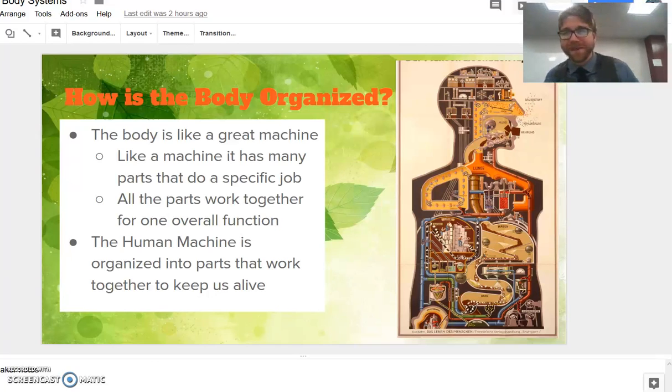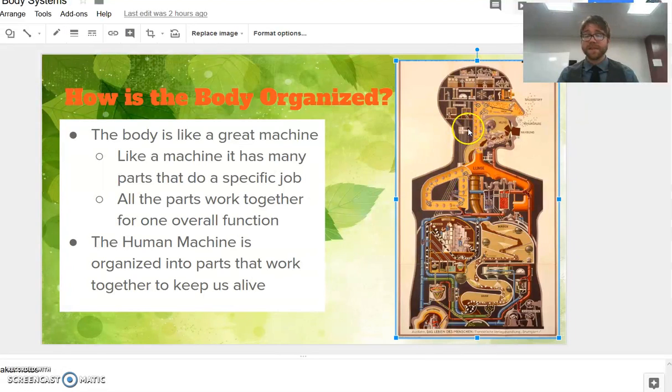Hey, everybody. All right, so let's talk about some levels of organization when it comes to biology. Looking at this slide right here, something we've talked about before in class is that really the body is a giant machine. If you look at this picture here, I think it illustrates it really well.